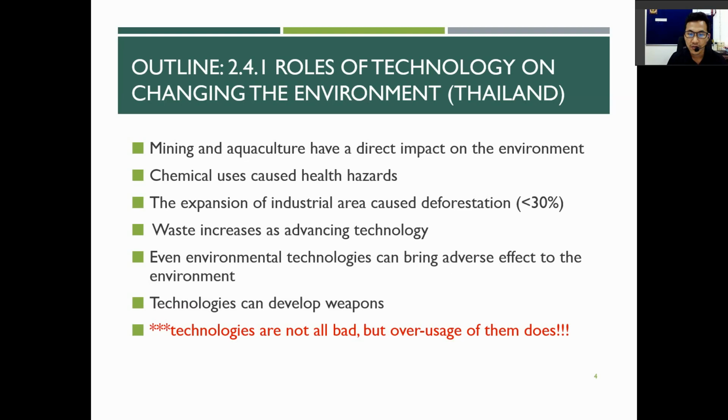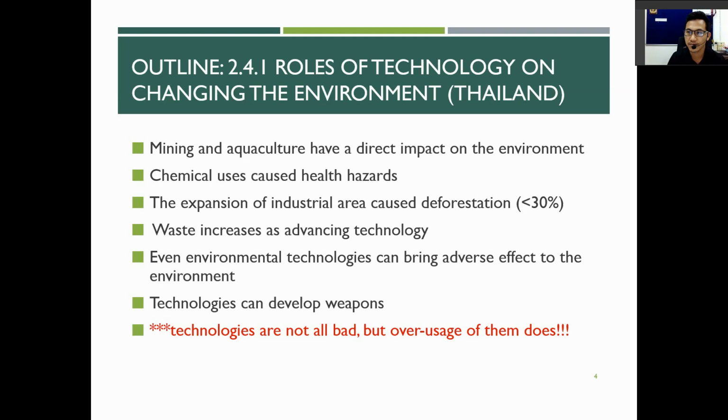Even environmental technology itself can bring adverse effects to the environment. For instance, you plan to have a really good dam to prevent flooding, but then you have to cut a lot of trees to create the dam as well. So this is something you guys have to know: once we talk about environmental technology, sometimes we have to think about the trade-offs, the things you have to exchange.